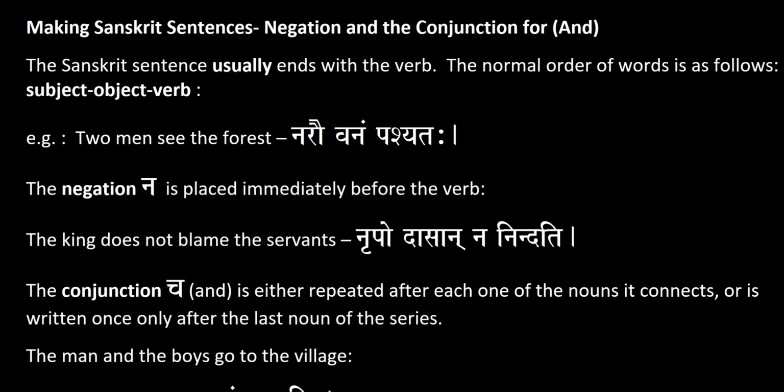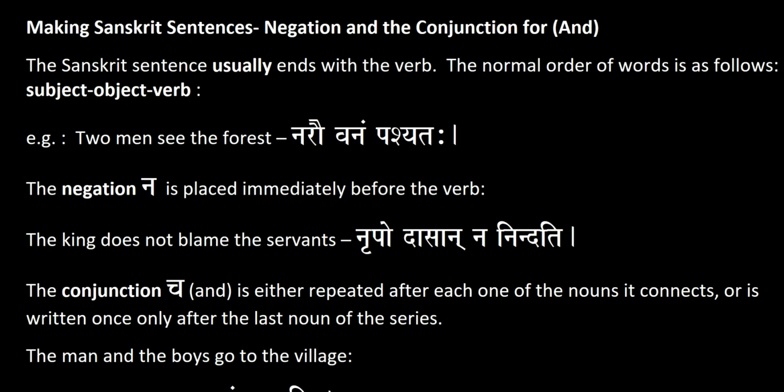Usually the arrangement of the sentences doesn't matter. However, let's go over how the order of a sentence usually is. And the key word here is usually, because again, the order doesn't really matter as long as you have the correct declension and conjugation. So, the Sanskrit sentence usually ends with the verb.